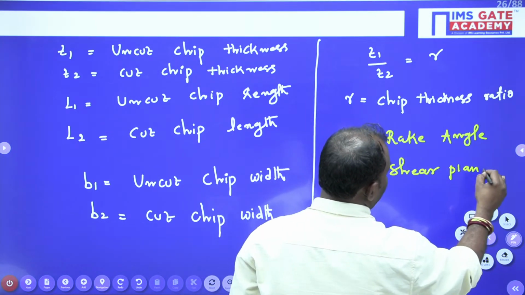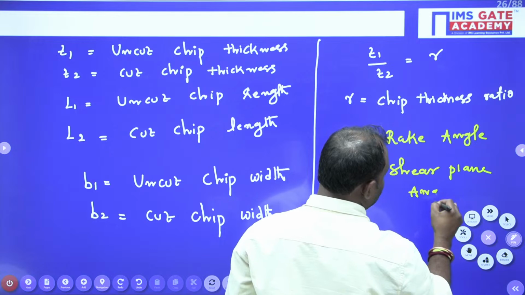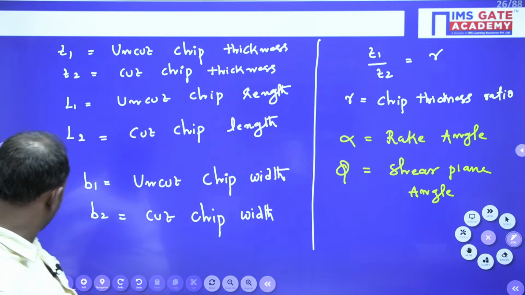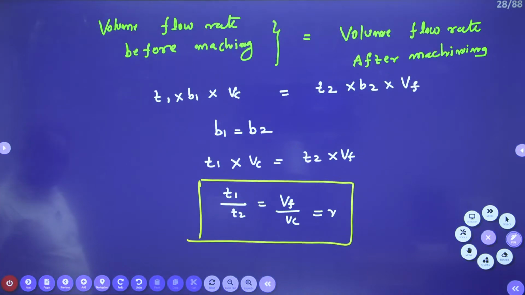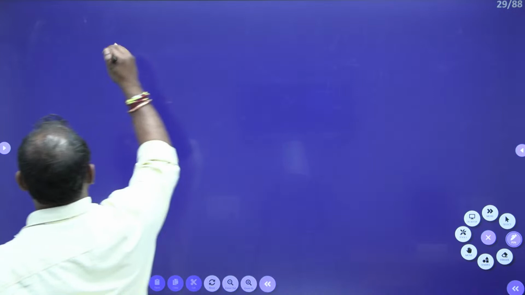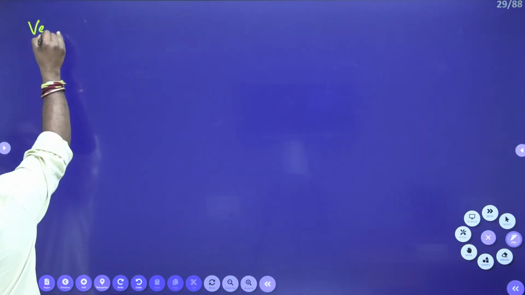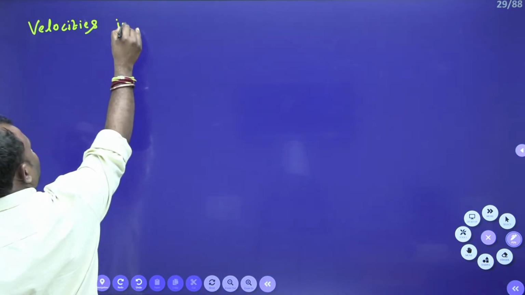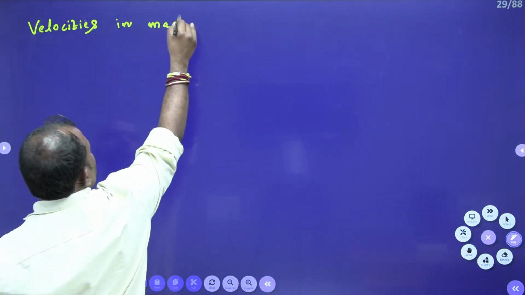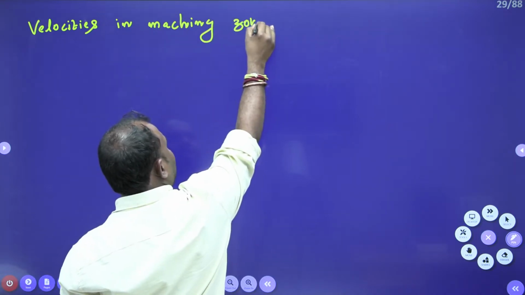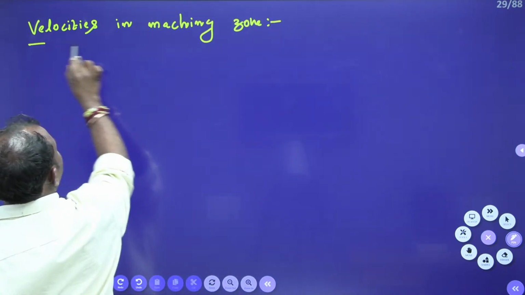Now let us write the velocities in the machining zone.